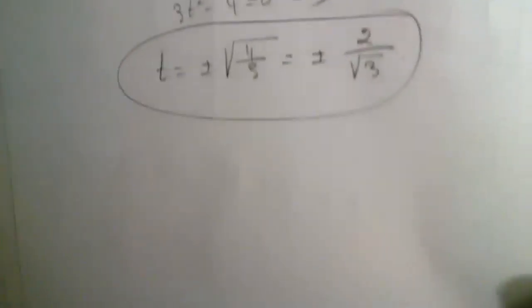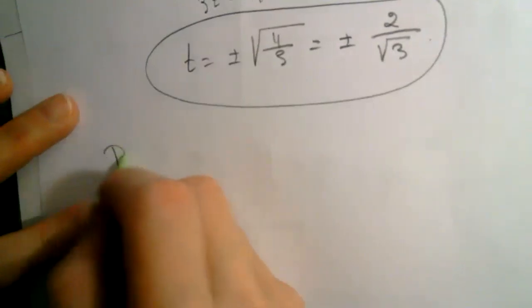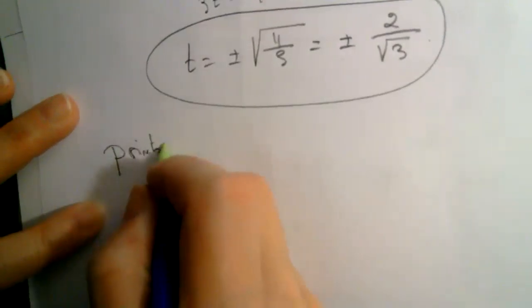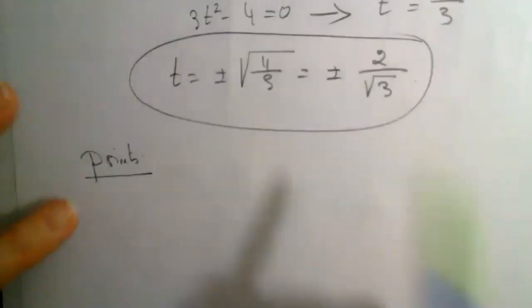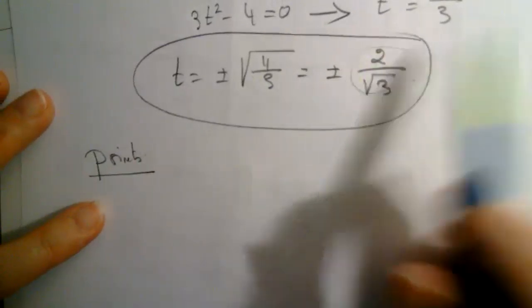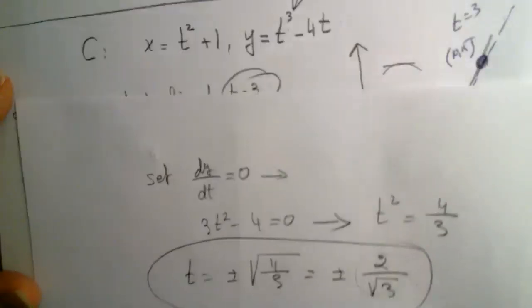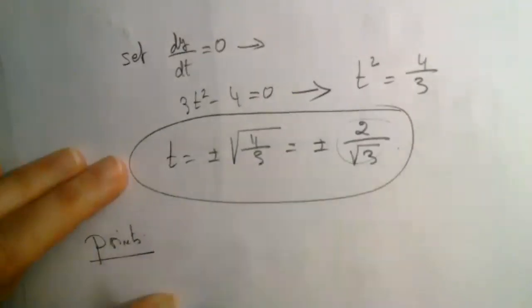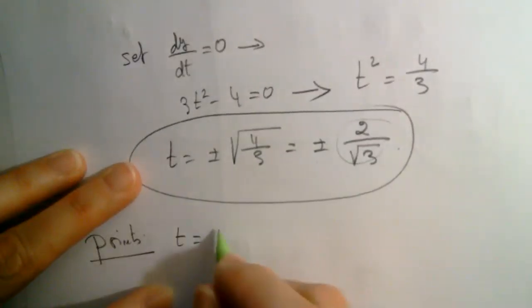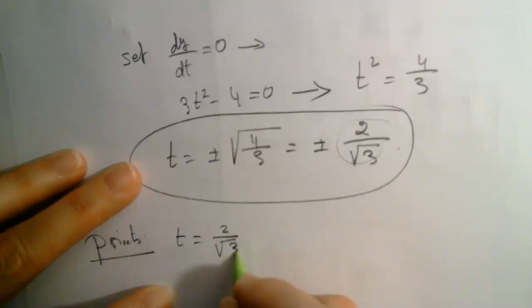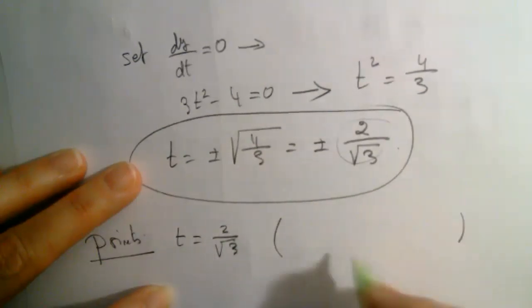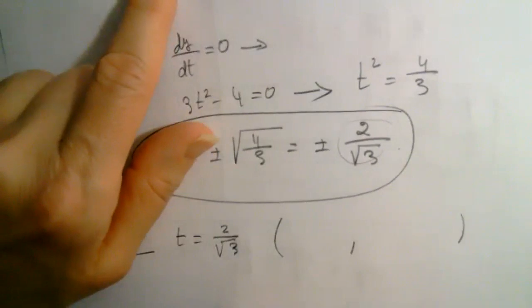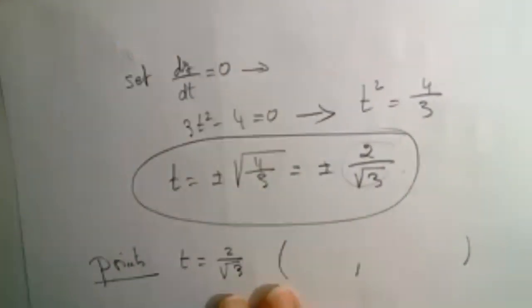So how do I find the points? I just plug in the value of t into the expressions for x and y. If t equals 2 over the square root of 3, what is my x and what is my y?